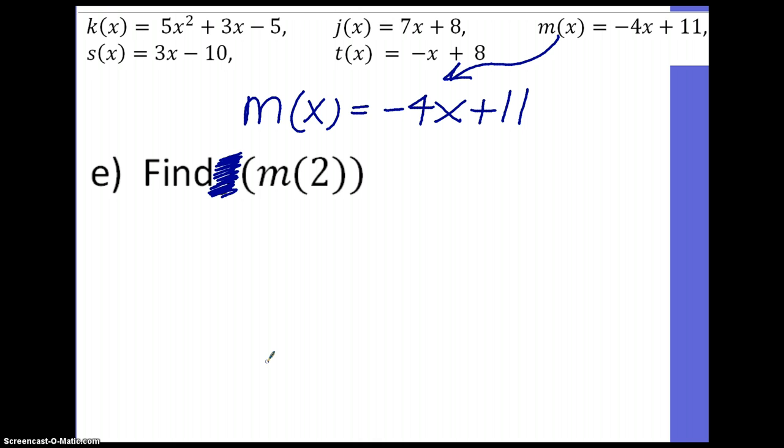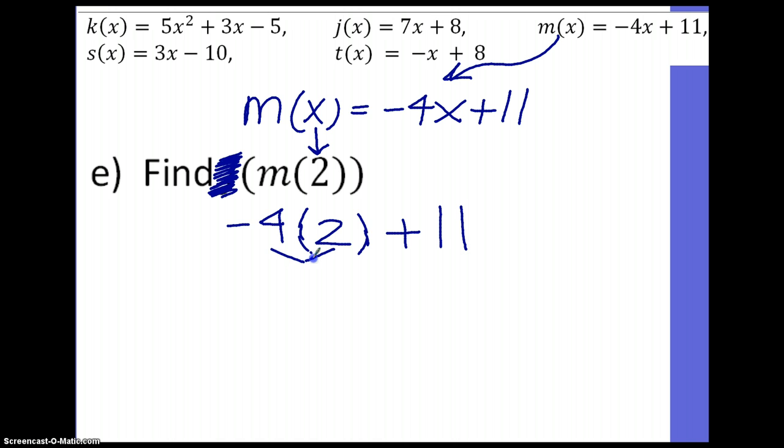So we have m(x) equals negative 4x plus 11. So we have to do m of 2, because that means that the x is 2. So we write out negative 4, plug in 2 for x, plus 11.